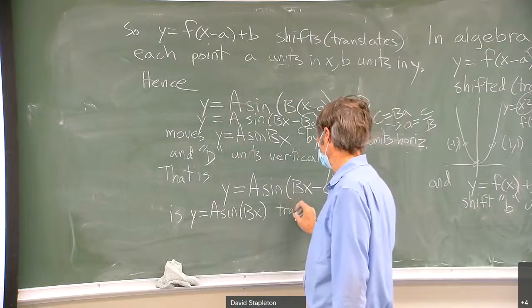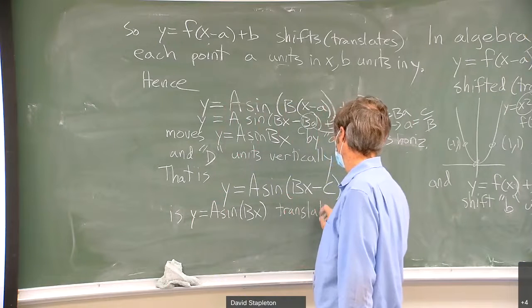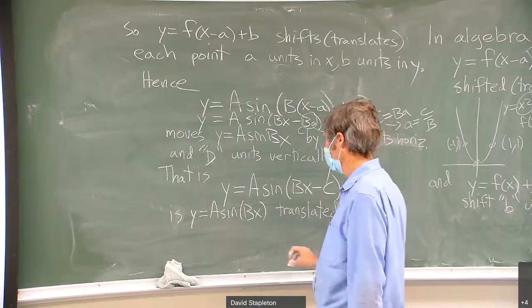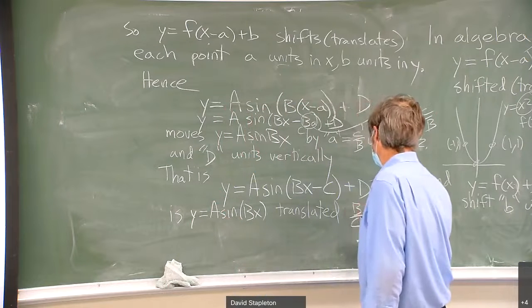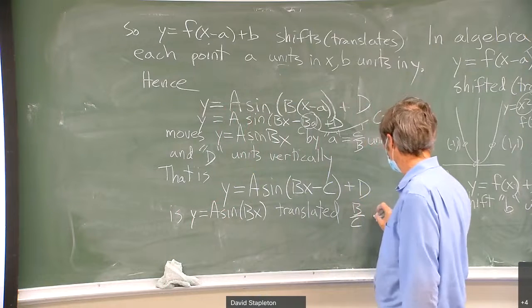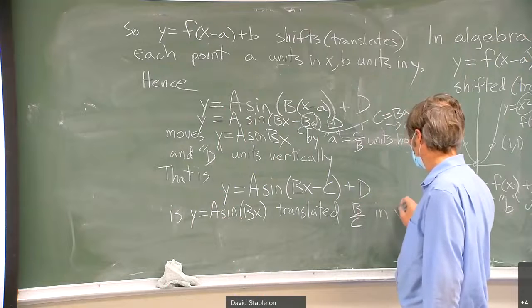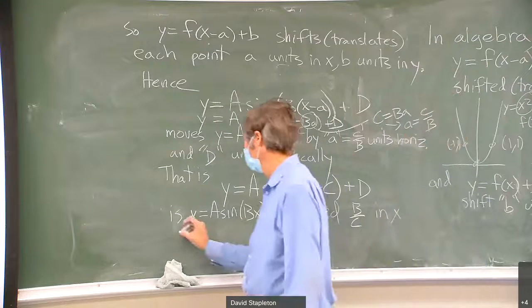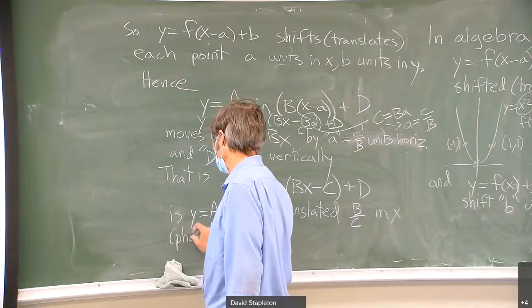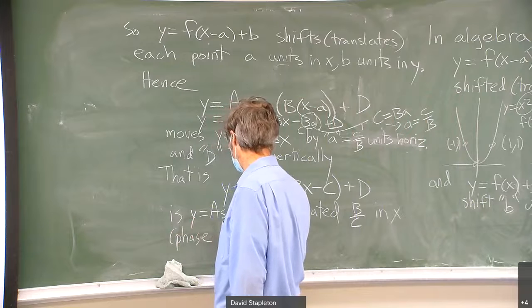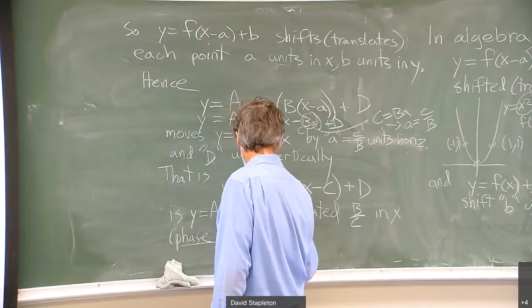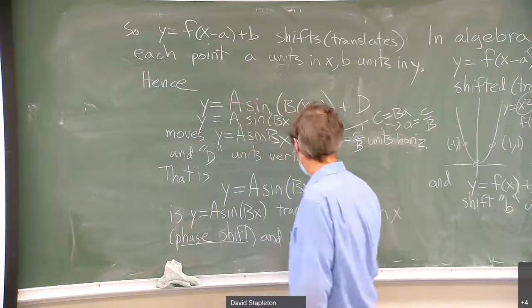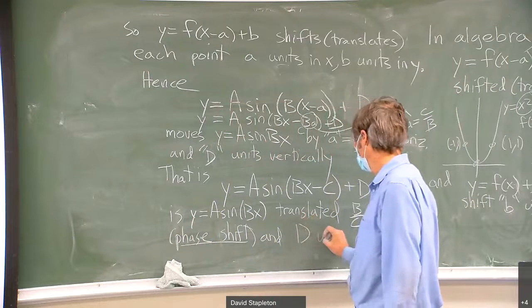Shifted or translated c over b units in x. We call it a phase shift. If it's a horizontal shift, for waves, the horizontal shift is called a phase shift. And d units in y vertically.